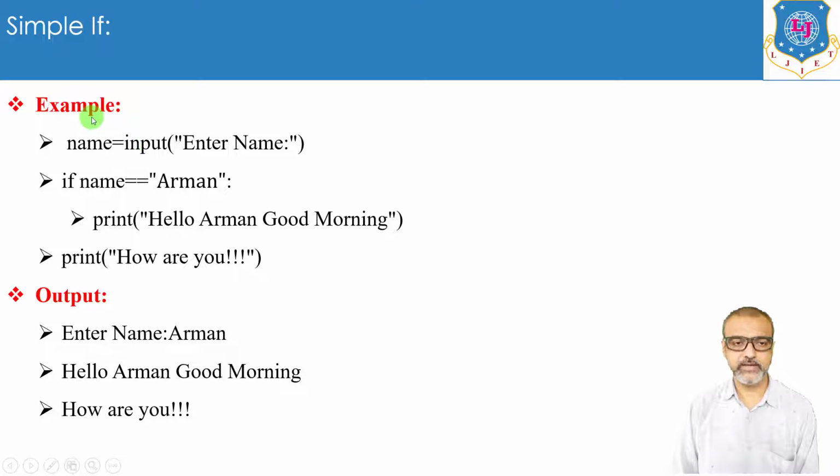Now we will see one example based on simple if statement. So this is the example. name equals input, enter name. Here name is a variable, and with the help of this statement user can enter a name.